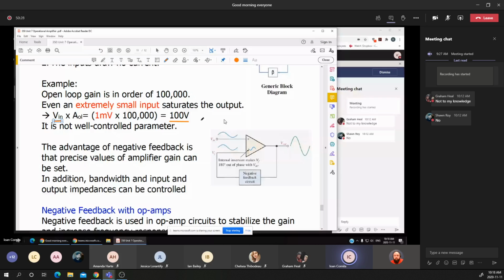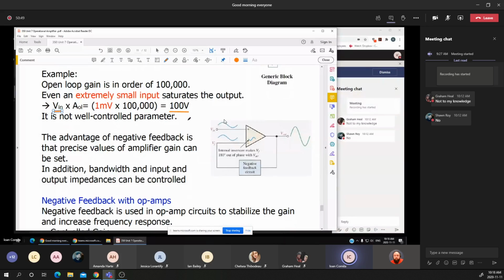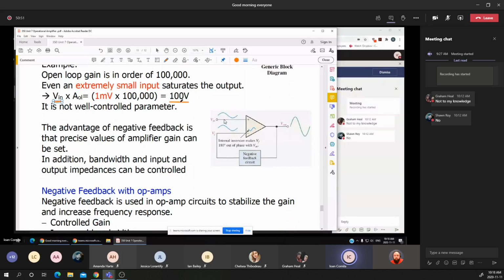Means that I cannot amplify this small signal using the open loop gain, which is, I choose, one of the lowest AOL. 100,000 can be 200, can be 300, 400, and so on. 100 volts is an impractical output voltage. Usually it's limited to plus or minus 15, 20, sometimes 40 volts, but we are limited to less than 50 volts. We cannot get the output voltage to 100 volts.